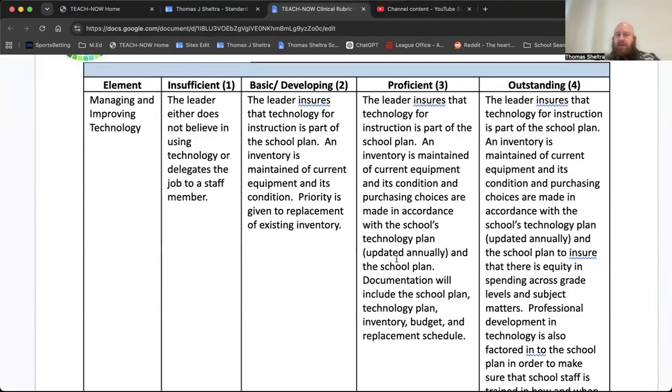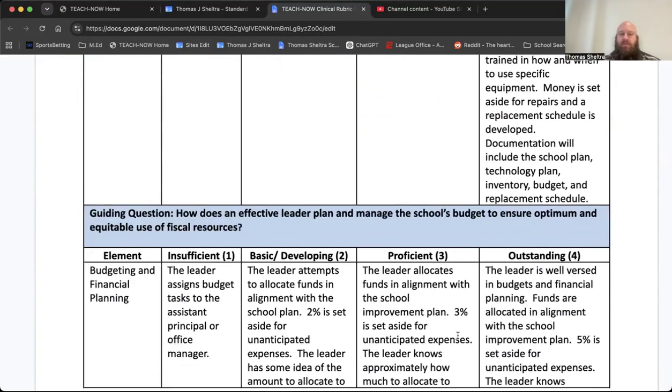But I would say the biggest priority is making sure that we have Wi-Fi infrastructure and also the types of educational tools or software that are going to be used more than just a few times. So making sure we streamline the technology that we use as a school. Here I would give myself a proficient for the artifacts that I've shown.